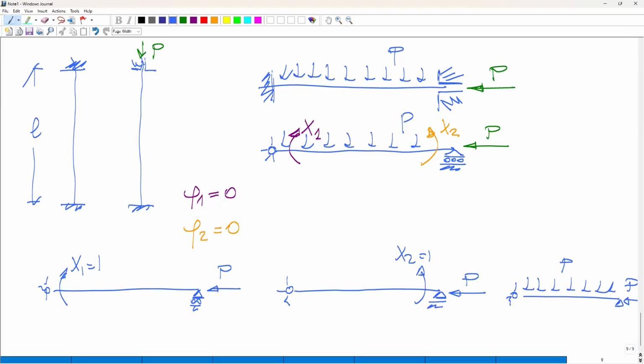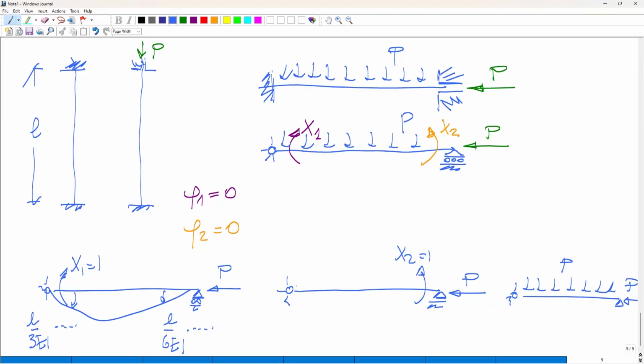Well, actually, they are 3 independent cases, but we have all the ingredients that we need to do that. Because in this case, we do know that this is L/3EJ multiplied by something. And this is L/6EJ multiplied by something.